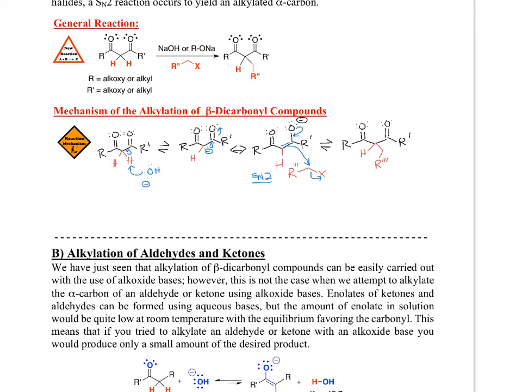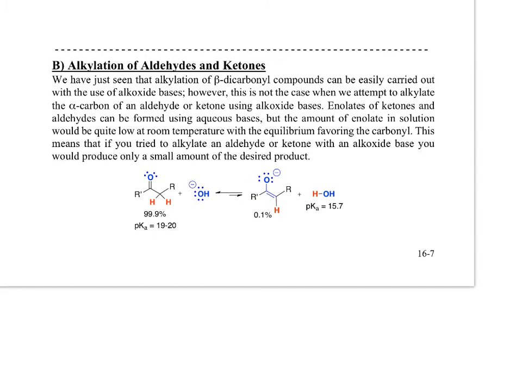So if we look at the alkylation of aldehydes and ketones, it's not as easily accomplished as what we just saw with beta-dicarbonyls. The reason for that is that even though we have discussed that hydroxide or alkoxide bases will deprotonate these alpha hydrogens, they're still 4 pKa units apart.